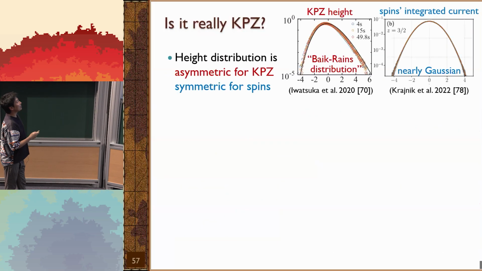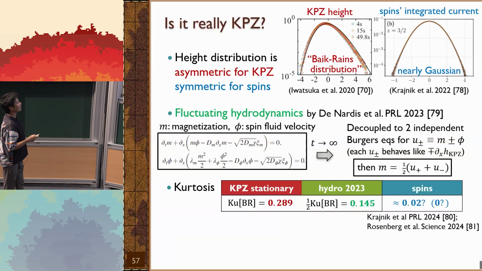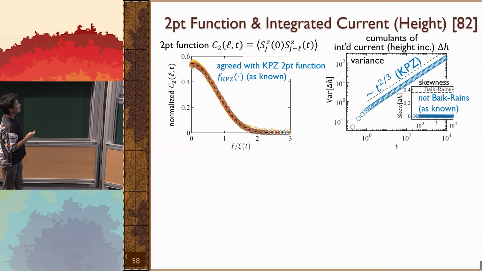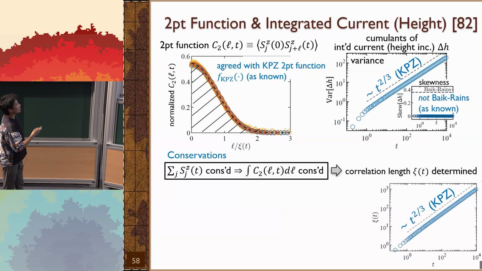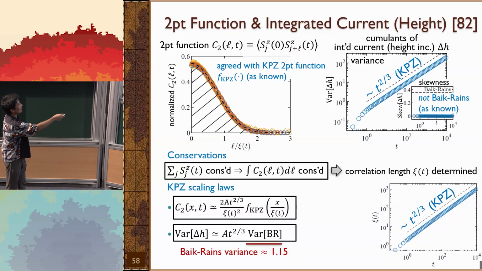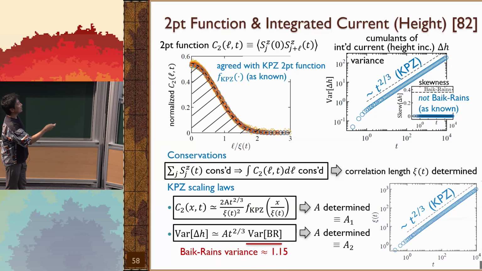And actually, I and collaborators did some simulations on these spin chains. It turned out to show not only the two-point function at different positions and different times, but also some part of the Baik-Rains distribution.